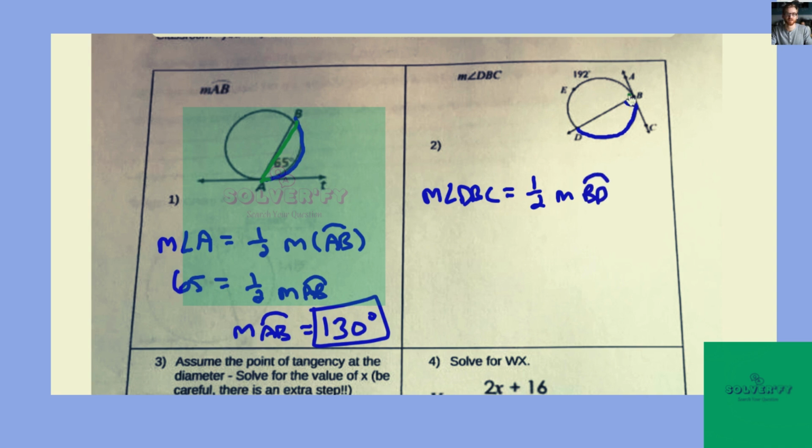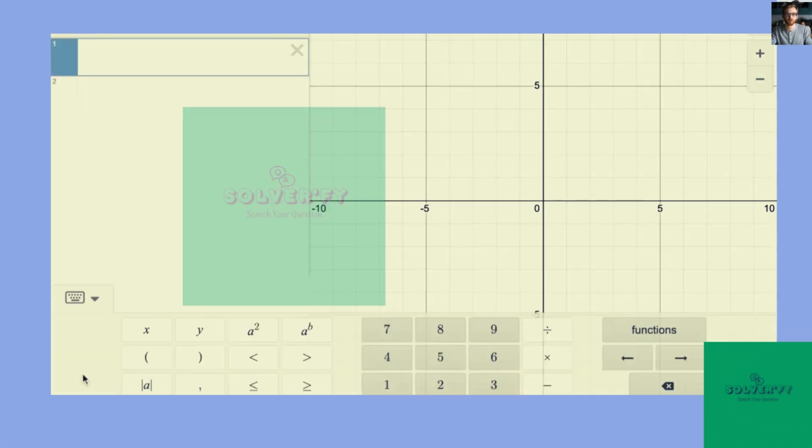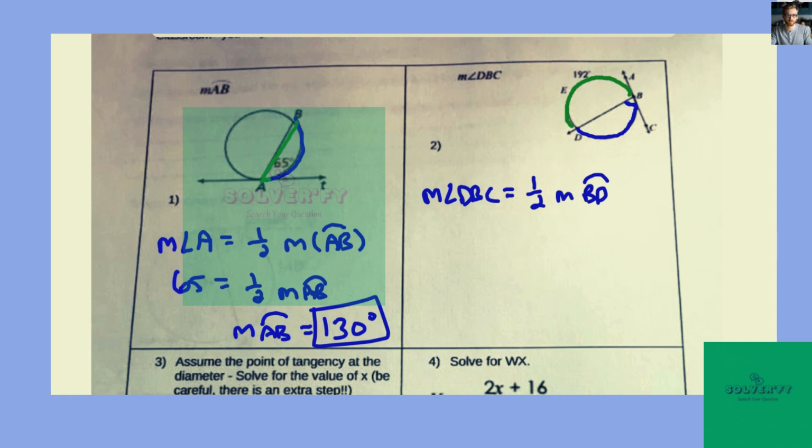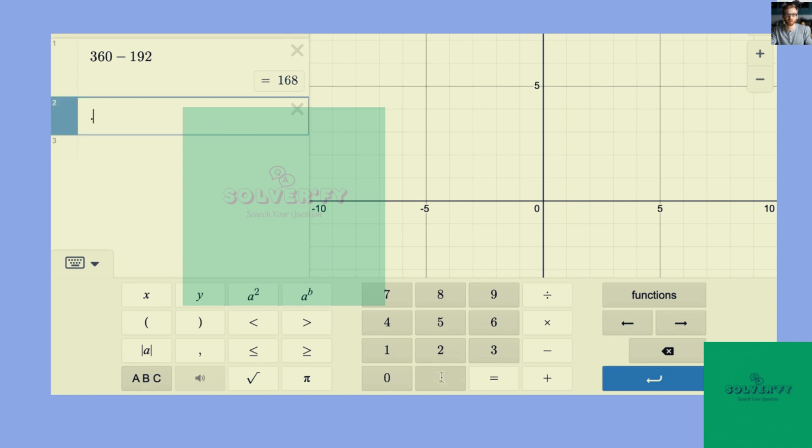And if part of the circle is 192 degrees, the measure of arc BD would be 360 minus 192, which is 168 degrees. So the measure of angle DBC would be half of 168 degrees. A half of 168 is 84.